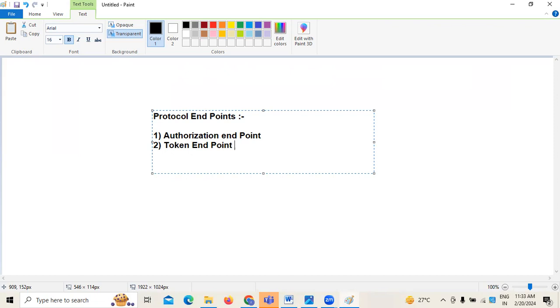Now, when it comes to the authorization endpoint, it majorly focuses on the authorization process.